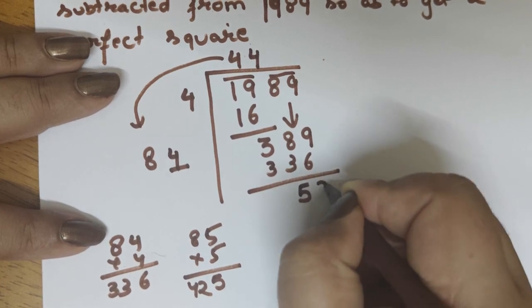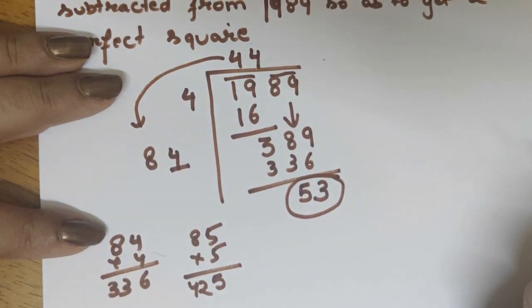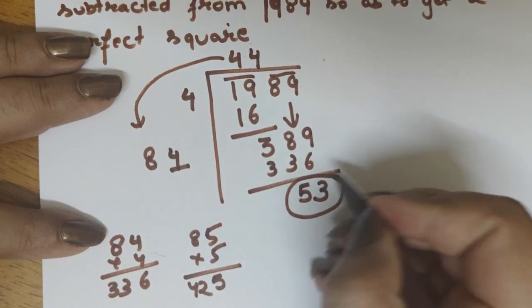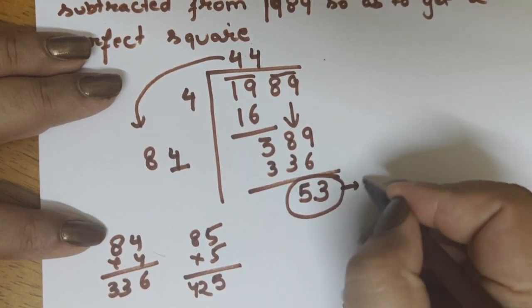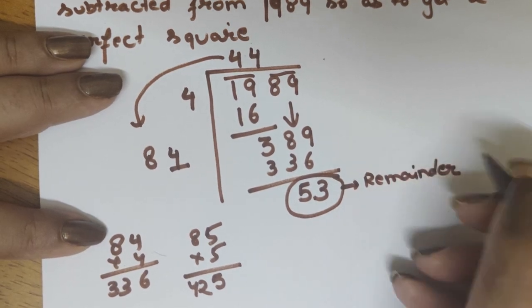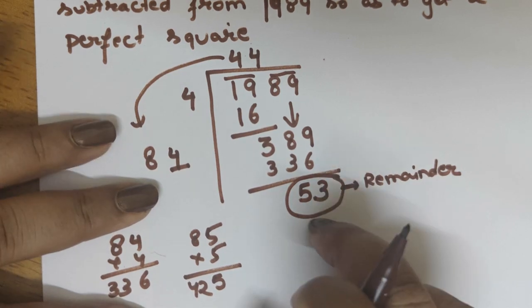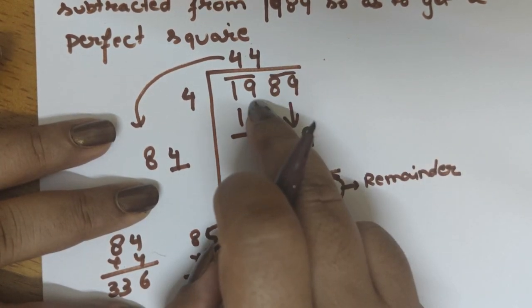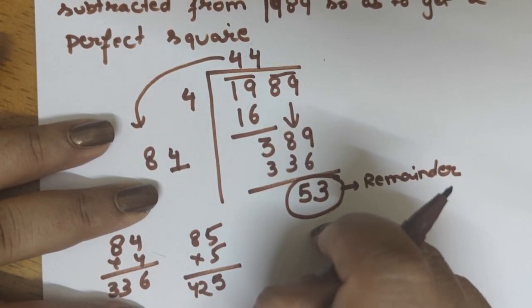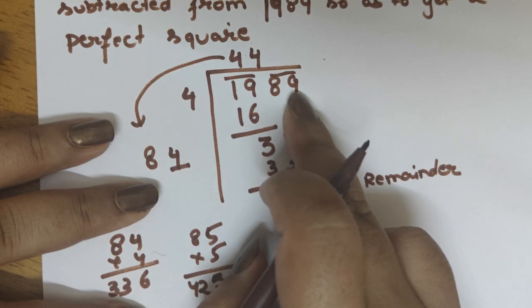Remainder is 53. Now this is the number which is the remainder, and when this remainder is subtracted from this number, it will give us a perfect square. You got what I am saying?